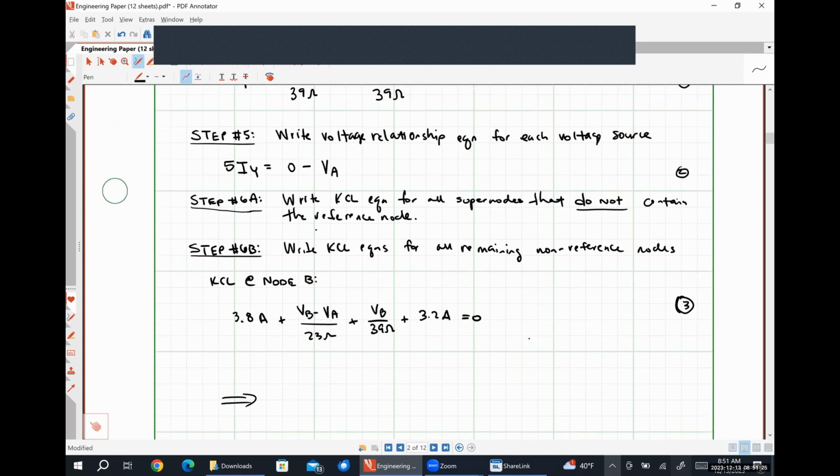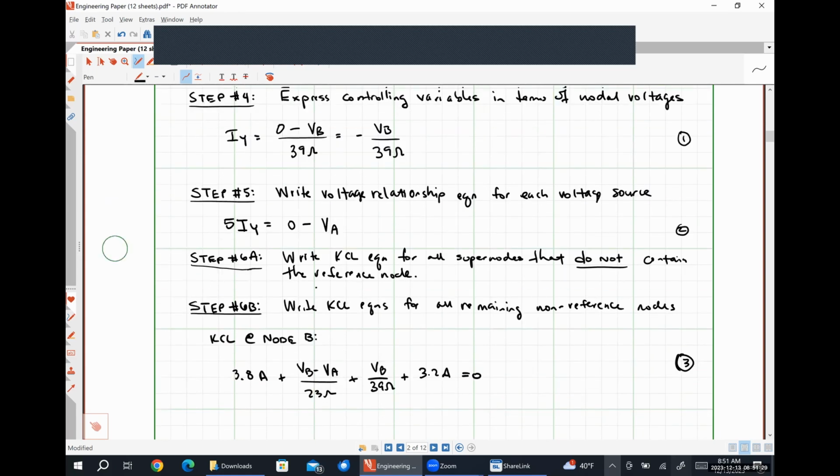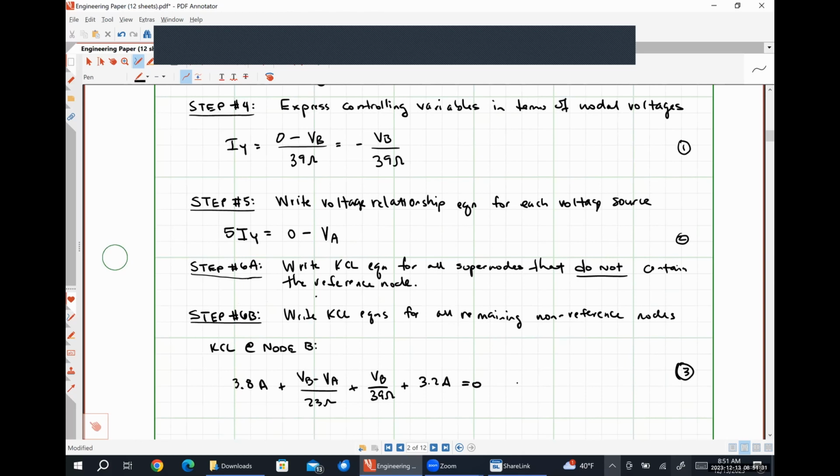So my first variable is going to be VA, my second variable is going to be VB, and my third variable is going to be IY, because I'm going to be lazy and not do substitution here because I don't have to. My calculator can handle 3 equations, so we're just going to run with that. So let's see. In my first equation, my coefficient for VA is 0.